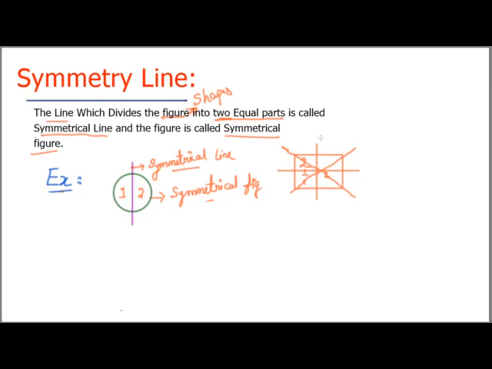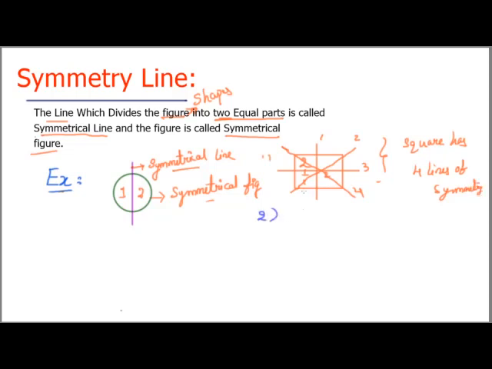So how many ways can we divide a square? 1, 2, 3, 4 ways we can fold a square sheet of paper in an equal manner. So this square has 4 lines of symmetry. How many lines of symmetry? 4 lines of symmetry.